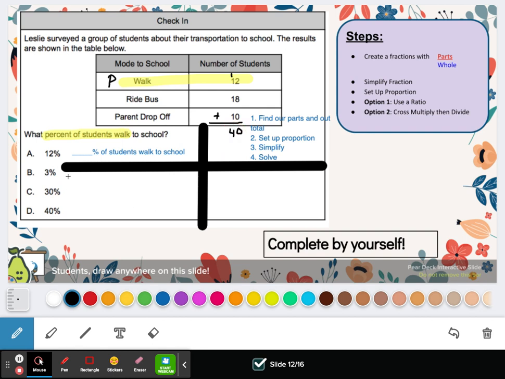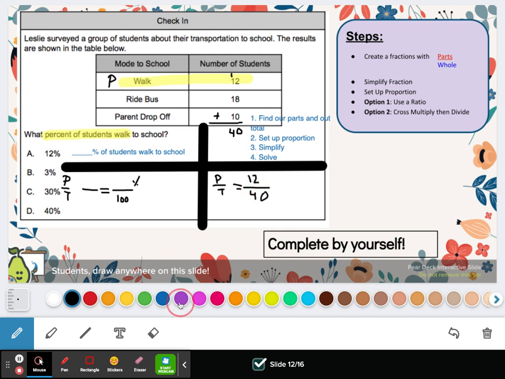So then if I'm talking about my part over my total, I have blank percent over 100. Okay, so I'm going to use this box right here for any simplifying. So I have my part over my total, which is equal to 12 because I want the 12 out of my total, which is 40, okay?